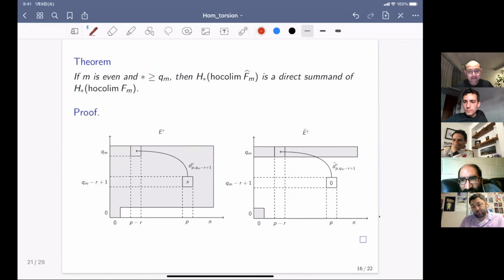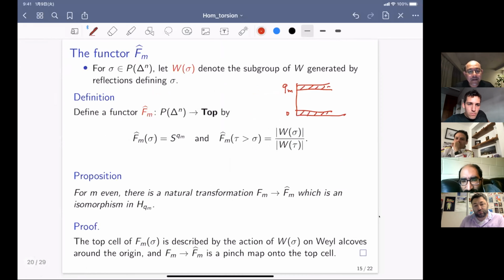Excuse me, why do you need that m is even? That actually, if m is odd, we can get a nice control on the top cell compared to the even case.